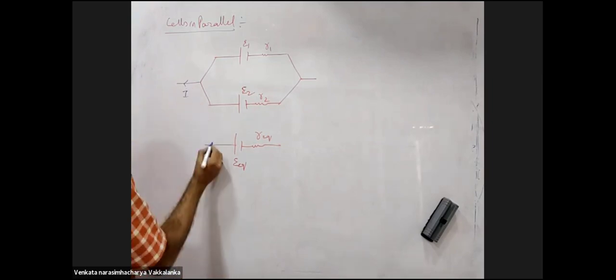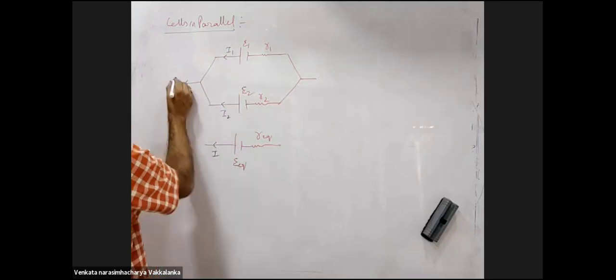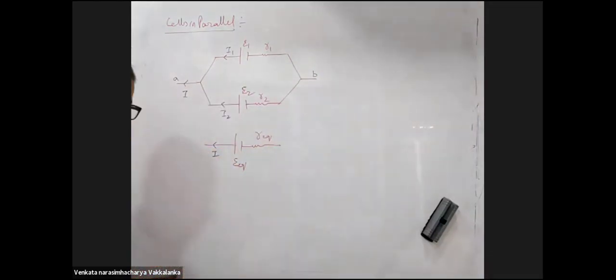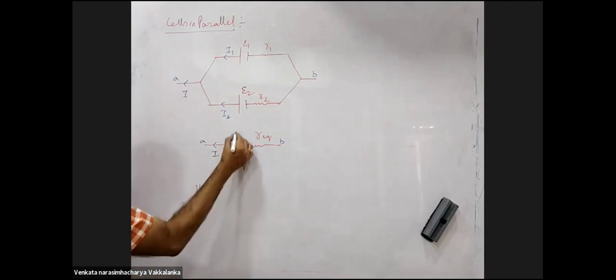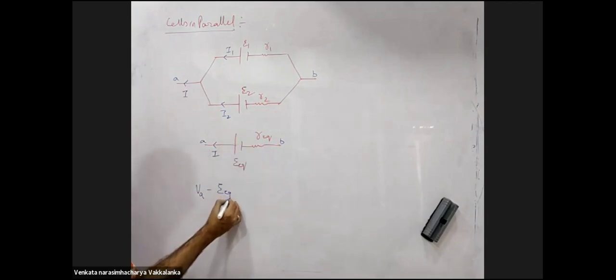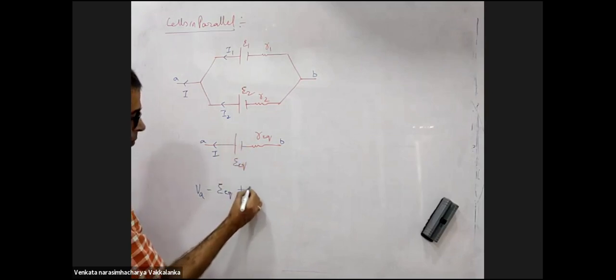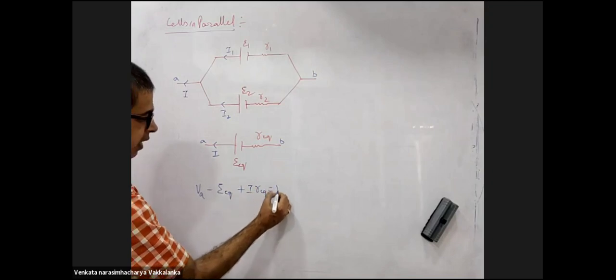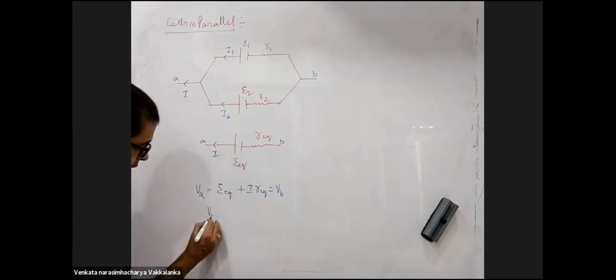Now this will be current I, this is I1, this is I2, this is A. VA, you are touching the positive terminal, minus E equivalent, plus I into R equivalent is VB.